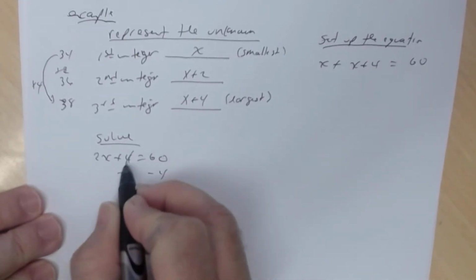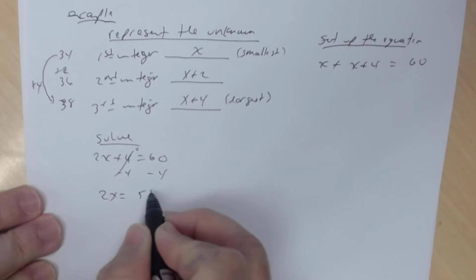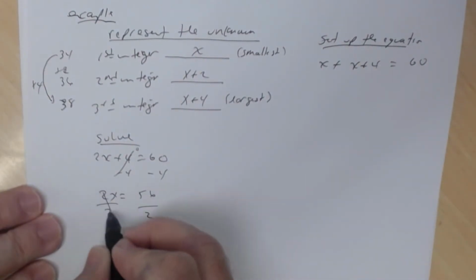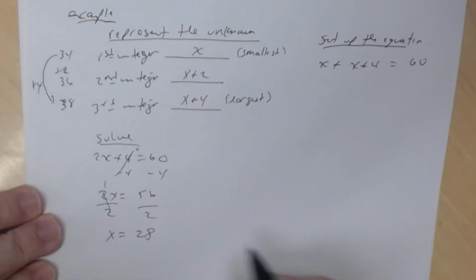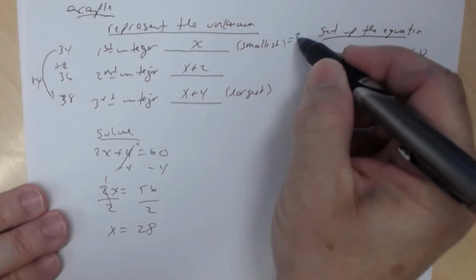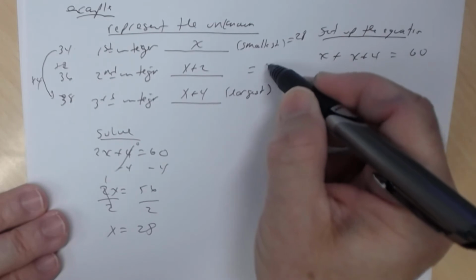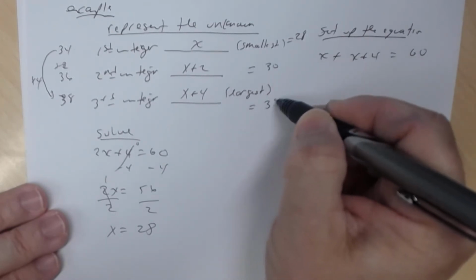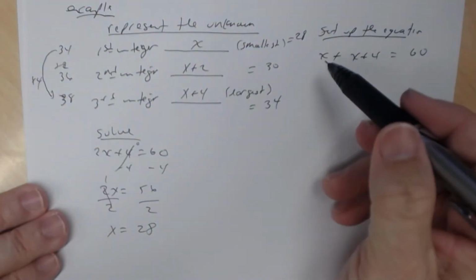Subtract 4 from both sides. I get 2x equals 56. Divide both sides by 2. I get x to be 28. That means the smallest is 28, the second one is 30, and the largest is 32. So those are your integers.